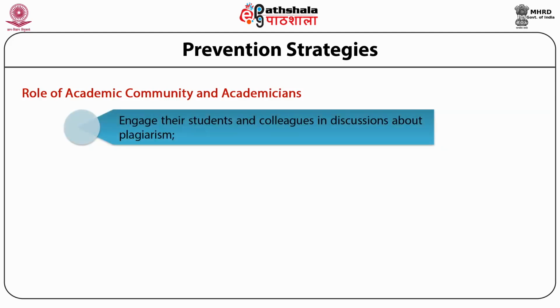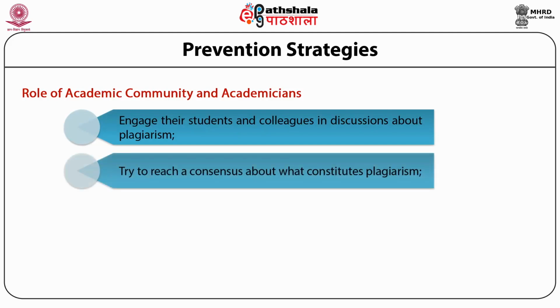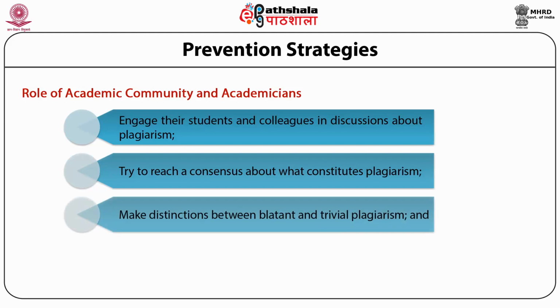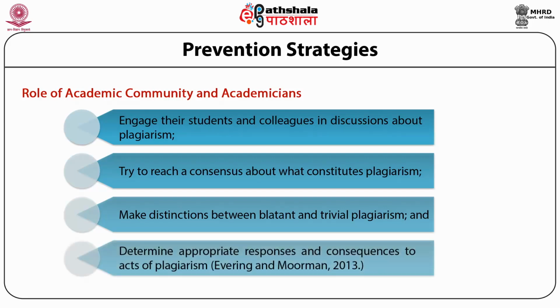Engage students and colleagues in discussions about plagiarism. Try to reach a consensus about what constitutes plagiarism. Make distinctions between blatant and trivial plagiarism, and determine appropriate responses and consequences to acts of plagiarism.